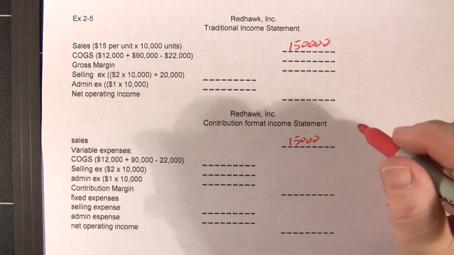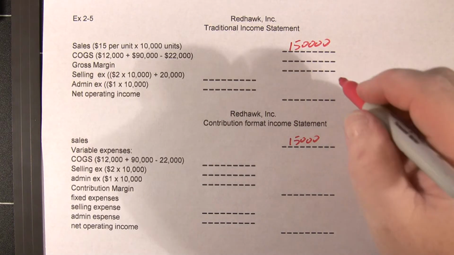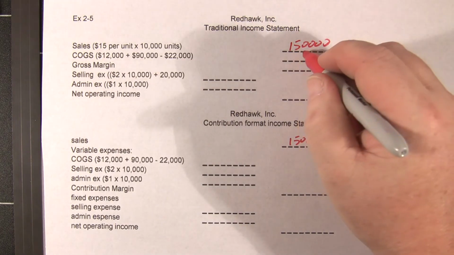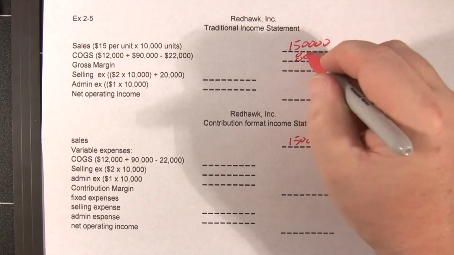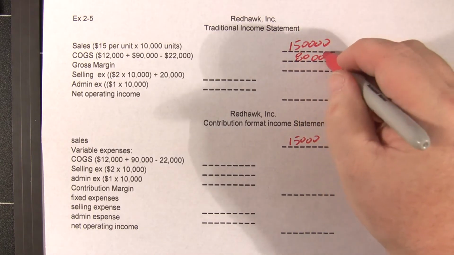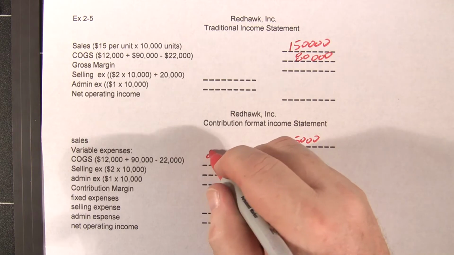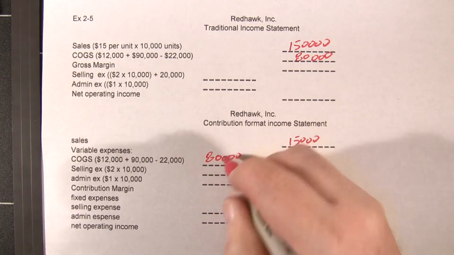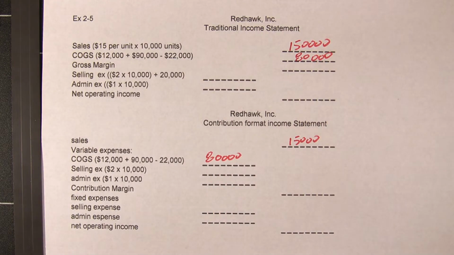Our cost of goods sold is going to be the same in either case of 80. Our gross margin under the traditional format is 70.